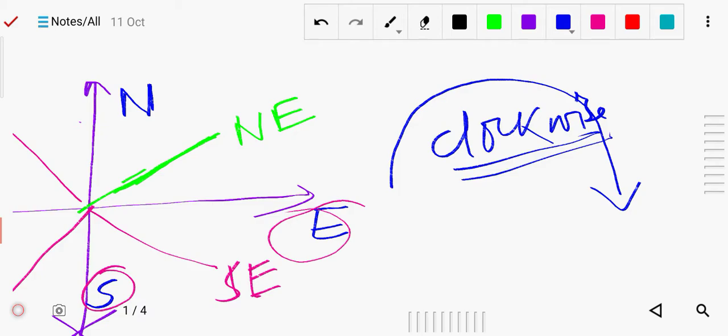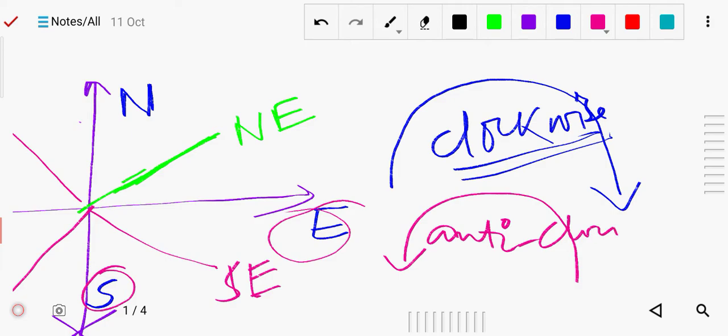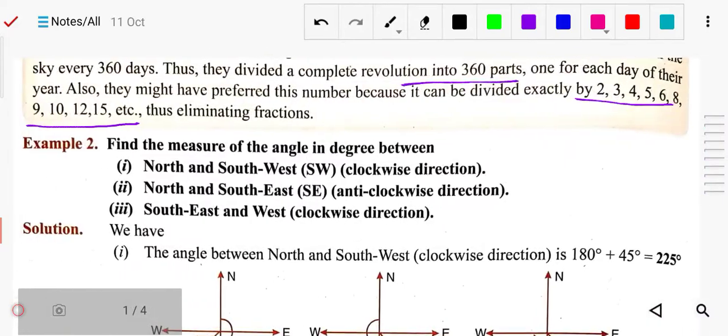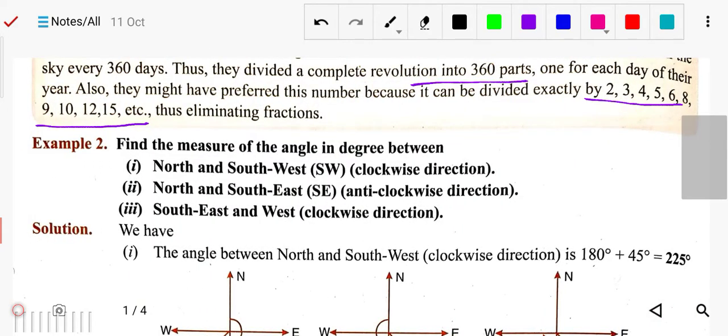If it is moving from this side to here, right to left, this is your anti-clockwise direction. So this is understood: this is clockwise and this is anti-clockwise. Now based on this we will solve the questions. Some more concepts, just see here.